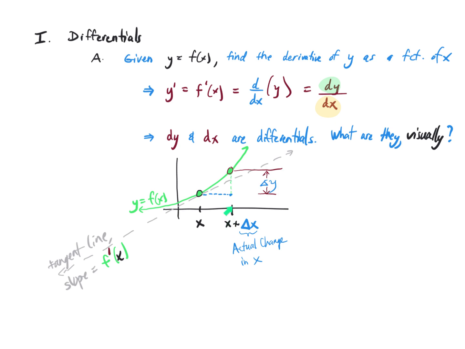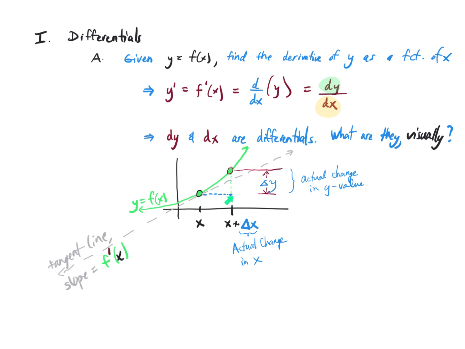So at that x value, the change in the y value in our green curve is from here to here. That's the actual change in the y value. From this green dot to this green dot, this green segment is the actual change in the y value.